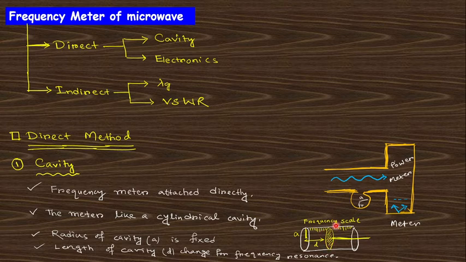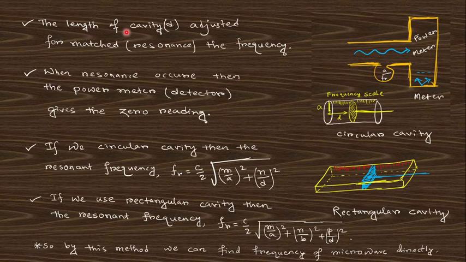After moving this metallic surface you can change the length of the cavity. This is the front side and this is the back side. So this reflector is adjusted such that resonance occurs. The length of the cavity adjusts to match the frequency, that means the frequency of the microwave and the cavity structure are matched.